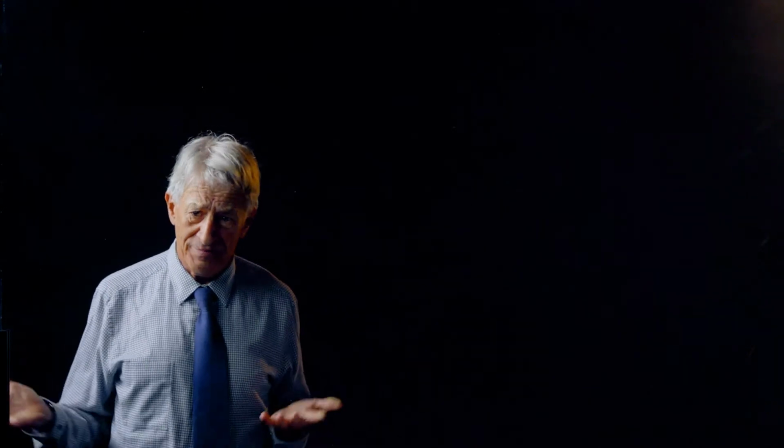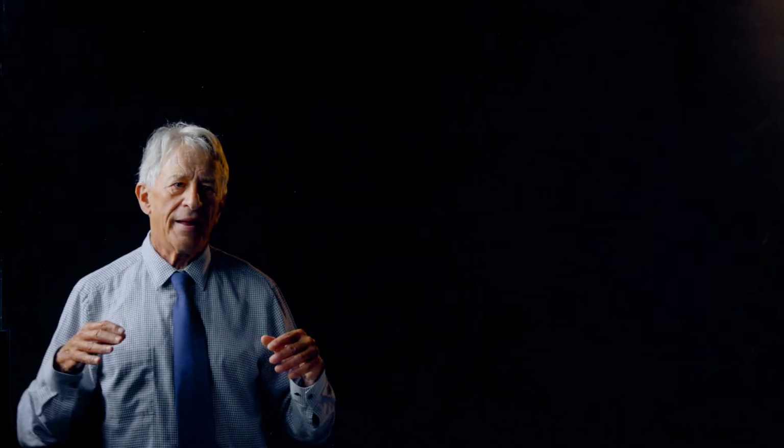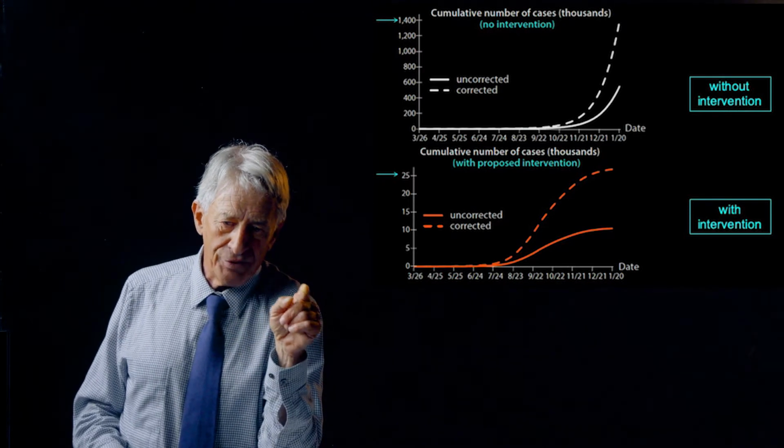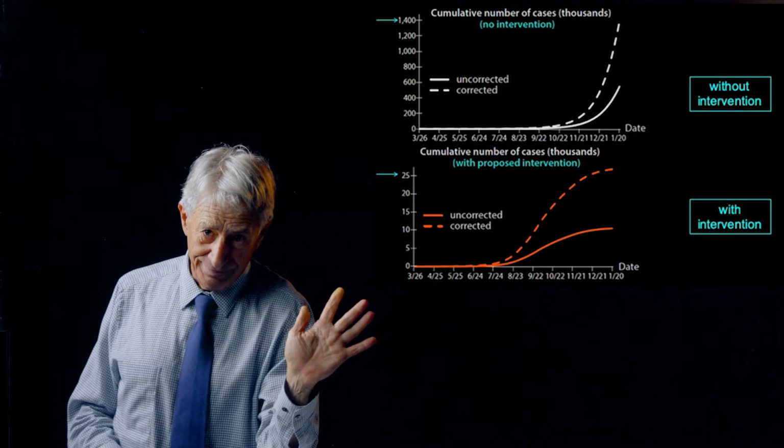And there again, so your policy of getting people into quarantine. How many people? 20% of infected people? 60%, 80%? Varying scenarios. How long will it take you to do that? Well, I can do 30% in 2 weeks. I can do 60% in 5 weeks. Okay? That all goes into the model. And the result is very interesting. What you see at the top is what the model predicts with no intervention.